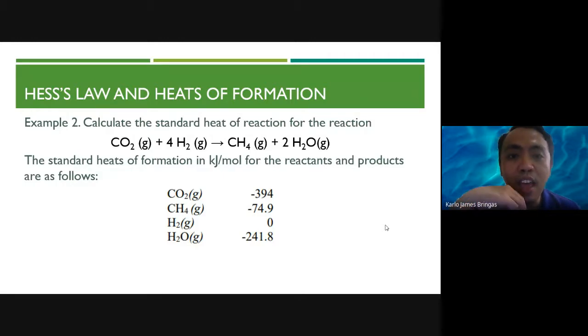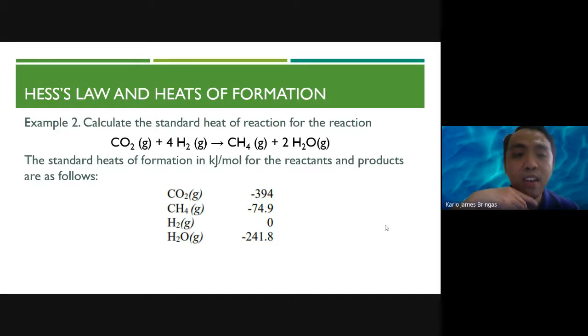So this time, let's now use Hess's law, but this time using the heats of formation. So in here, you have example number 2. You have here carbon dioxide. It's a very common na byproduct. It's also a thing that we are very alarmed by in our state right now, since basically it contributes to greenhouse gases.